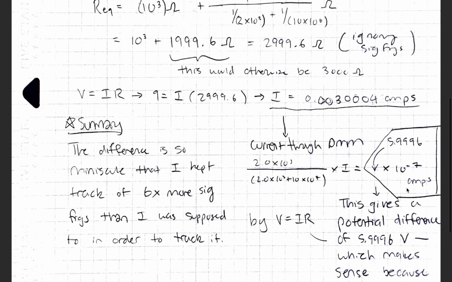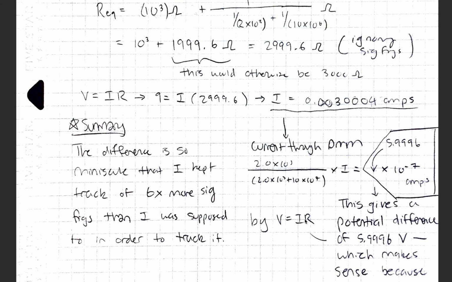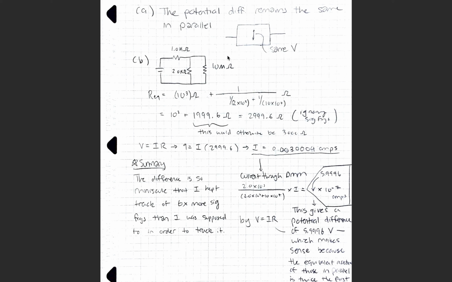Again, knowing that this is the current, you multiply that by 10 times 10 to the 7 ohms of resistance, and you'll get a potential difference of 5.9996 volts, which makes sense because if this entire thing wasn't here, there would just be 6 volts of potential difference across this 2 kilo ohm resistor.